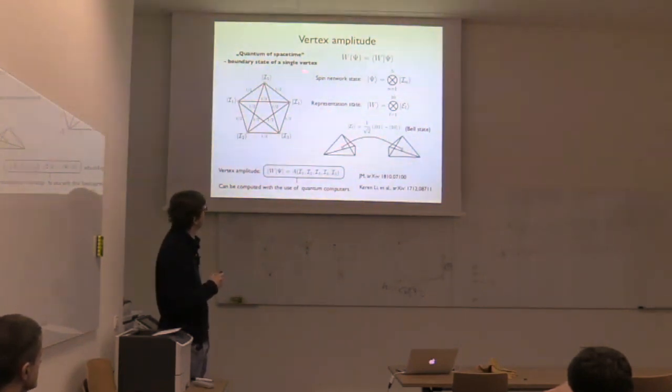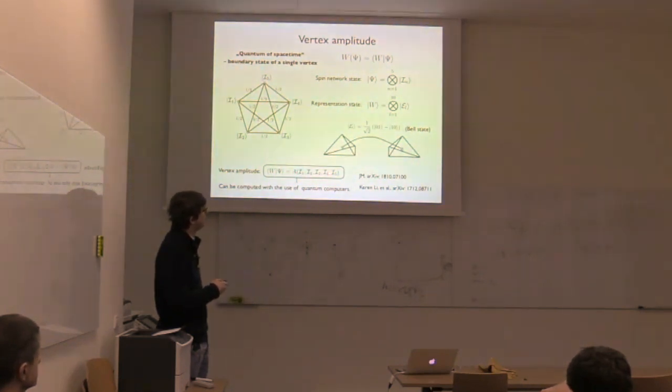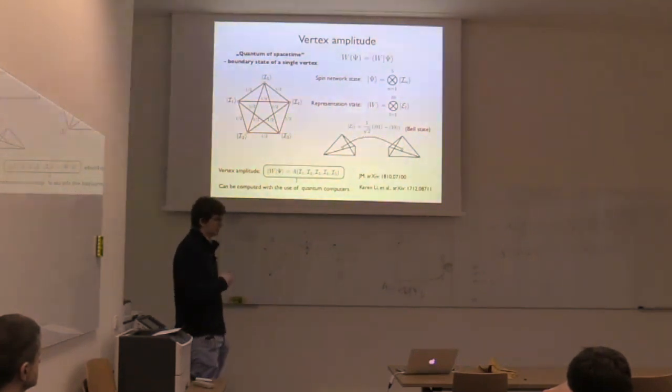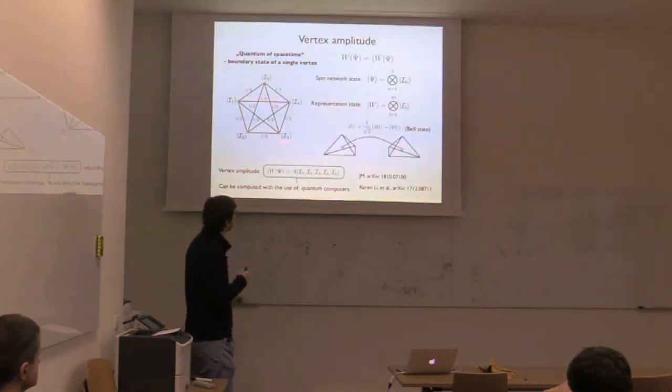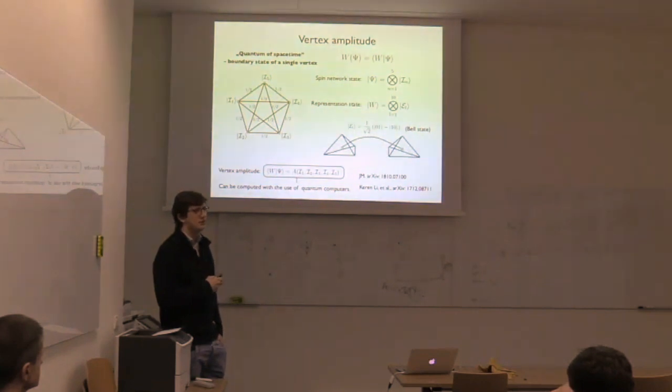But what then I'm going to compute, actually, is this amplitude. And this amplitude is a function of 5 intertwiner qubits. And this is a number which people in loop quantum gravity try to derive using classical machines. If you try to do it by hand, you will find that this is associated with the 15j symbol.